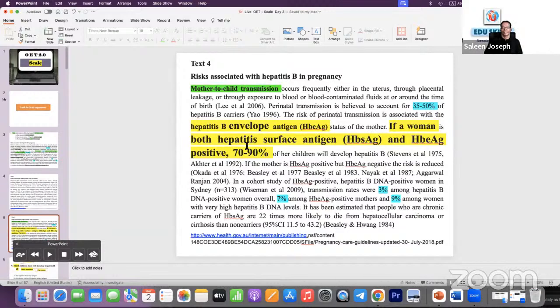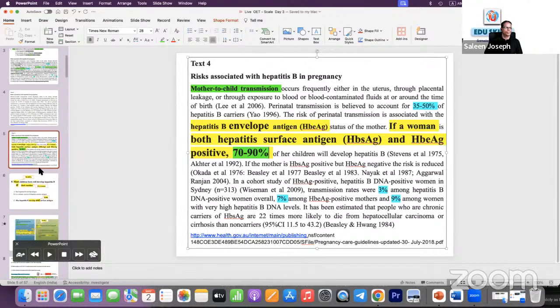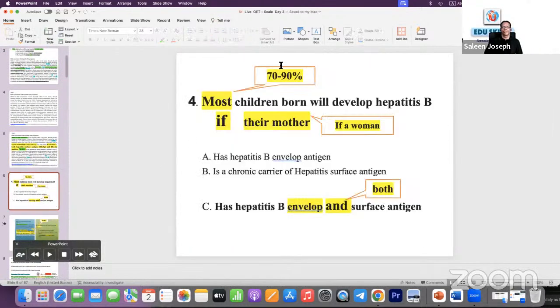So this word most guides you to this number, then immediately you have the answer there. And we will analyze the whole thing, then we'll understand. See here in the question, most means 70 to 90%.